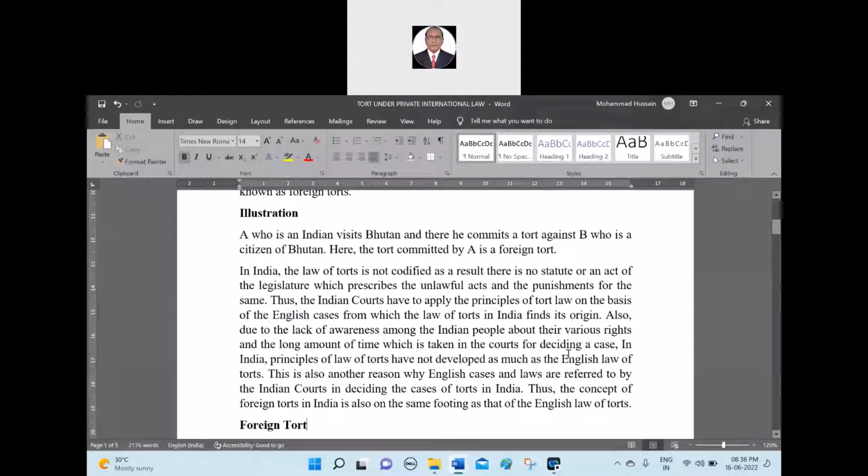When she was consuming the second round she saw the rotten snail and she vomited and fell sick and was hospitalized. And the court says yes, the neighborhood principle is there.